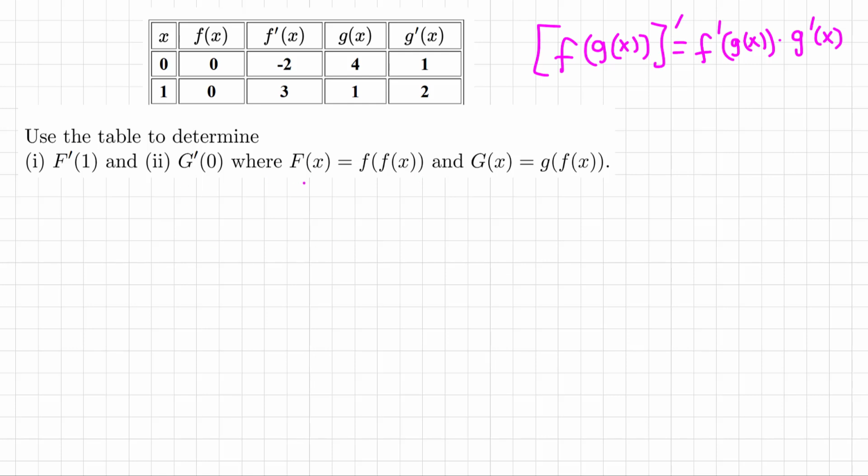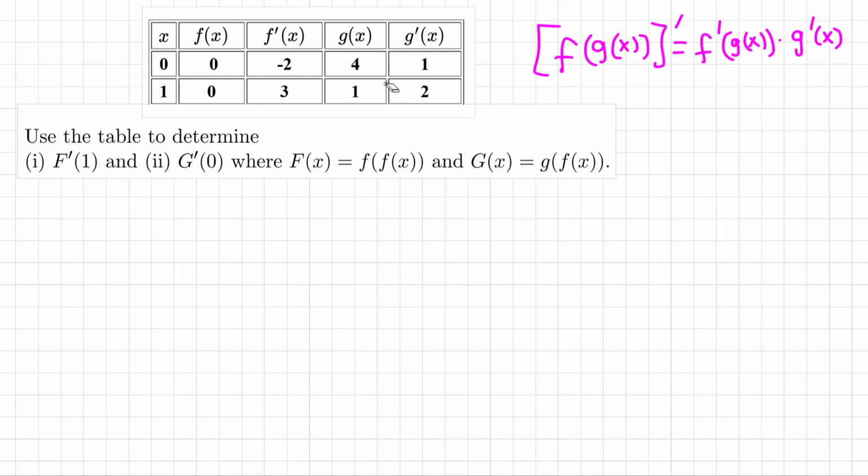So in this case, F is a composition, so we need to find the derivative, then we can evaluate. F prime 1 means first derivative, then evaluate. Do not evaluate first, and same thing for the other function. So let's find the derivative of this one, then evaluate.